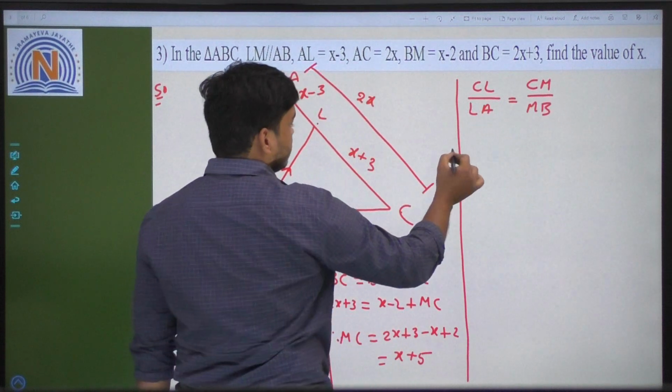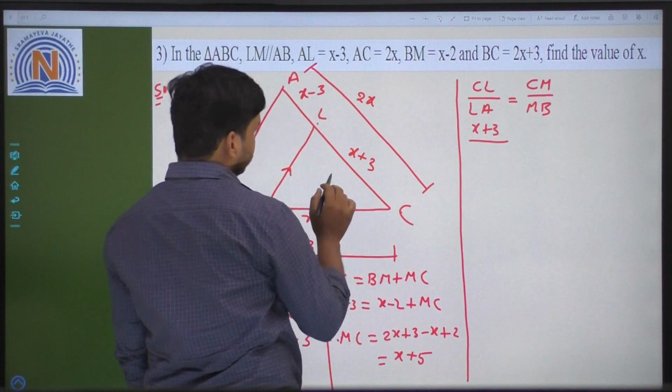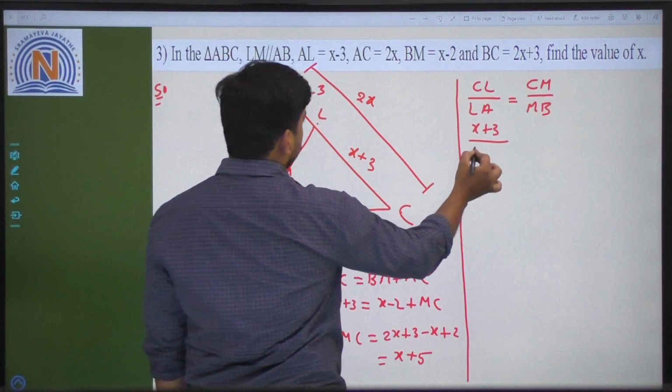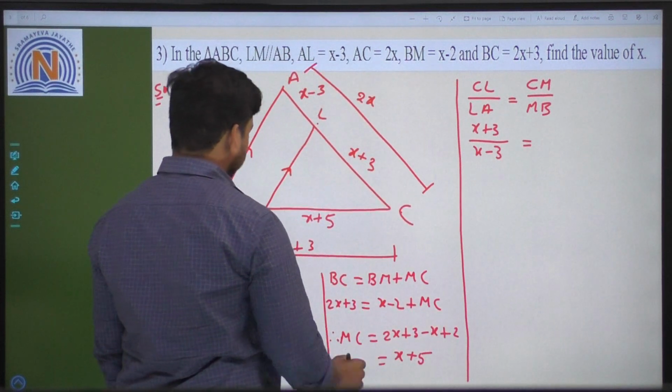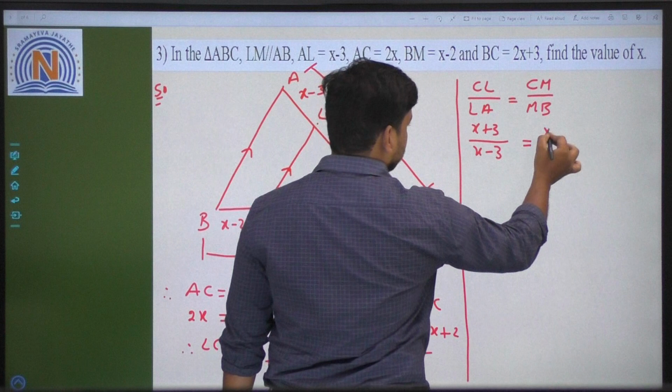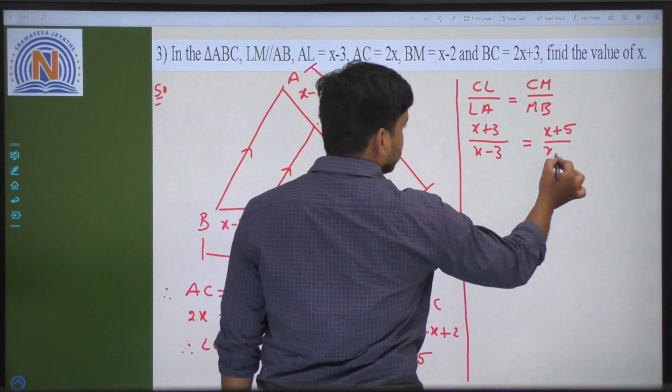CL is x plus 3 by LA, x minus 3, is equal to CM, which is x plus 5, by MB, which is x minus 2.